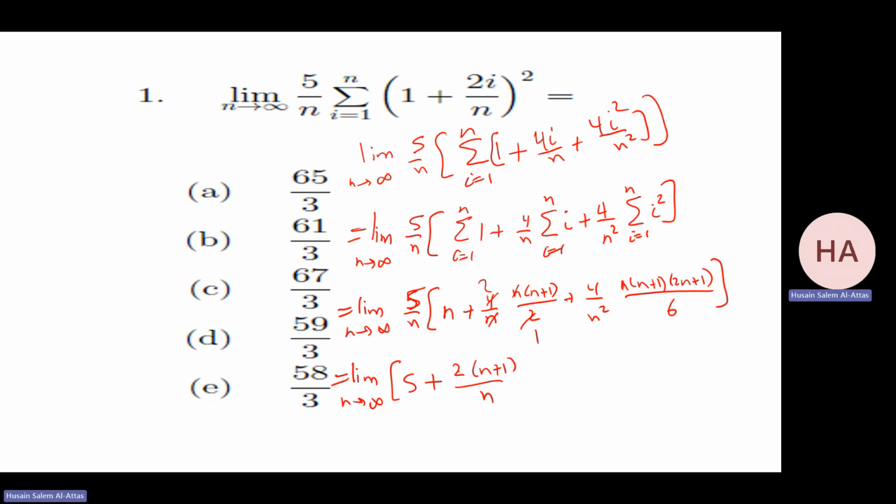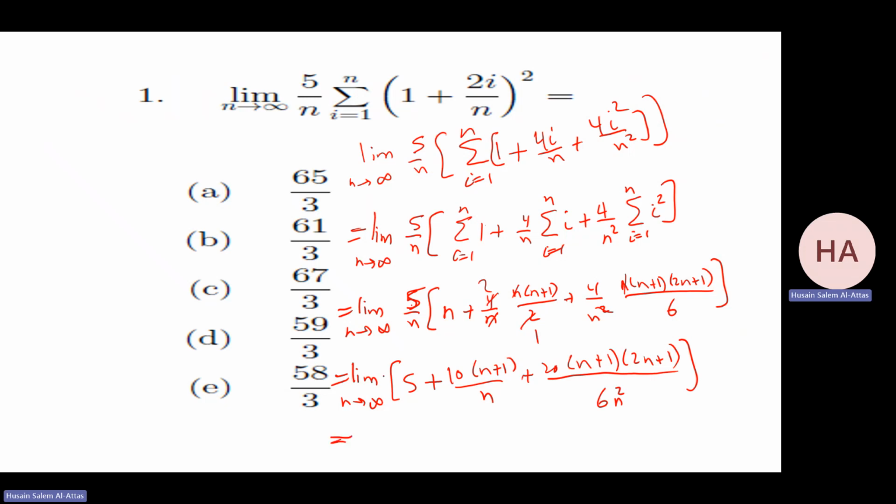Not 2, sorry, that will be 10. 5 times 2, 10 times n plus 1 over n. Here n will go with n, and you have the remaining plus 20 times n plus 1 times 2n plus 1 over 6n squared.